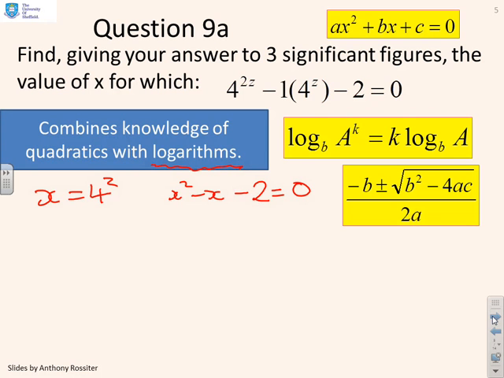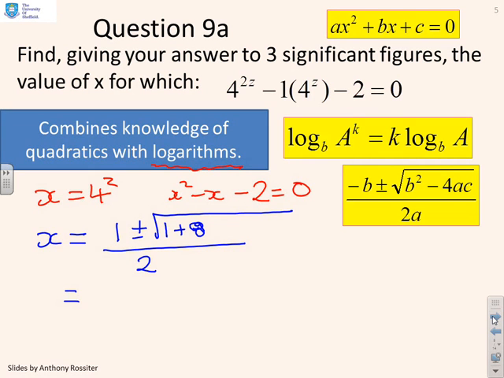Now if I plug that into the formula, the solution I'm going to get is x equals 1 plus or minus the square root of 1 plus 8, all divided by 2, which gives me 1 plus or minus 3 over 2, which gives me solutions of either 2 or minus 1.